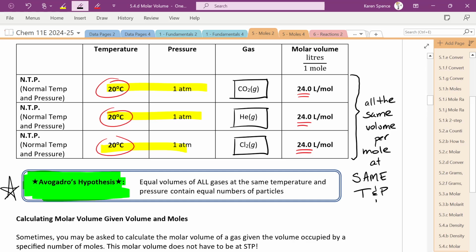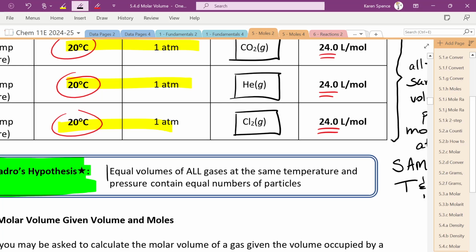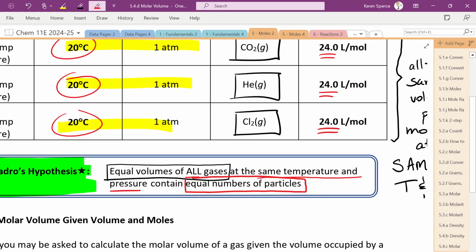It says equal volumes of all gases at the same temperature and pressure contain equal numbers of particles. So it doesn't just apply to 1 mole. If I have 2 moles of every gas at a particular temperature and pressure, it will be the same volume.